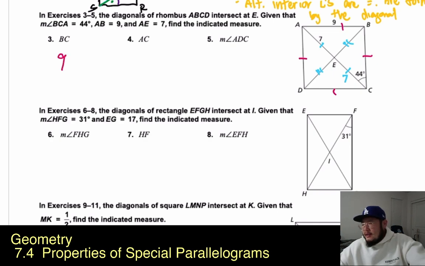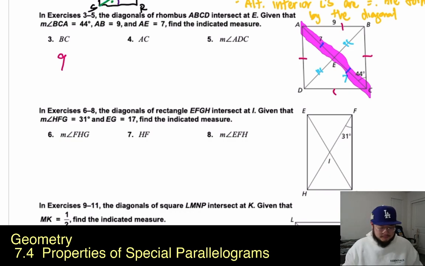Let's take a look at A to C. A to C right here is this whole entire diagonal. Let me go ahead and highlight that right here. Part of it, A to E, is 7. But remember, the diagonals bisect each other, telling me that E to C is 7. So for a grand total, we have 14 for A to C.